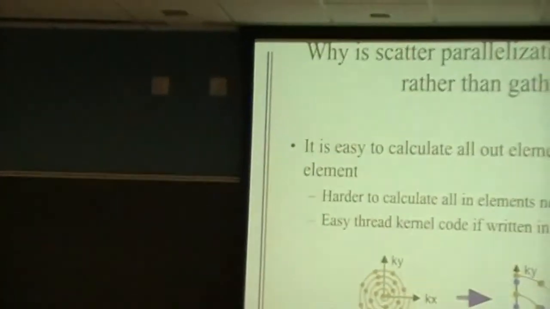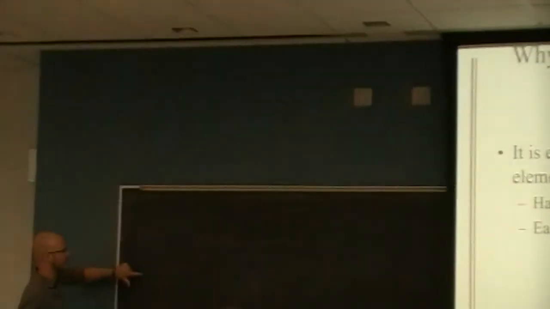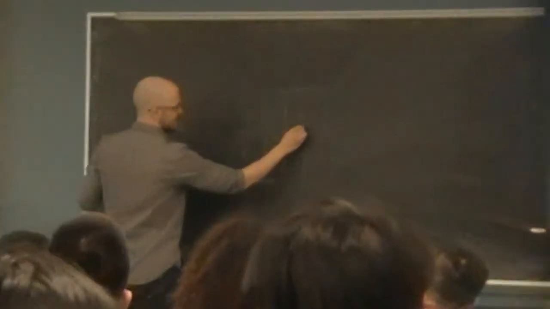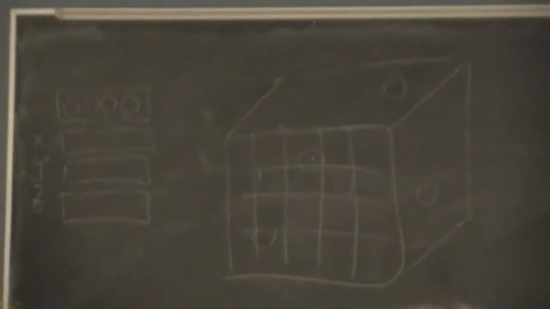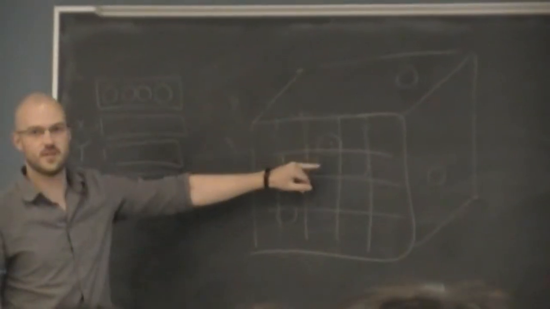And so it's easy for me to look at an input element and say, based on its x, y, z coordinate, if it falls here, it affects these output grid points, right? Maybe it's just the floor of x plus some distance and the floor of y plus some distance, right? It's easy to go from this irregular data to find a regular position.